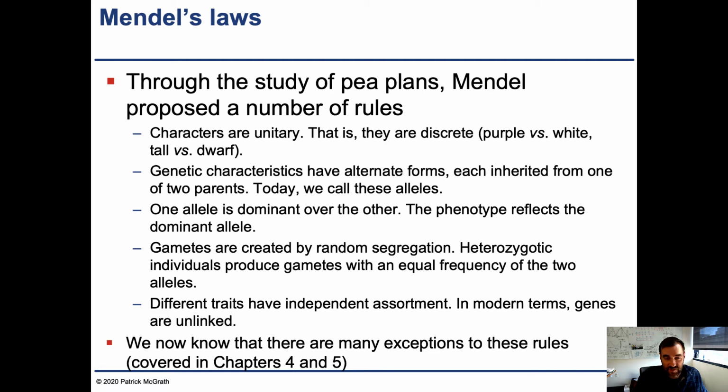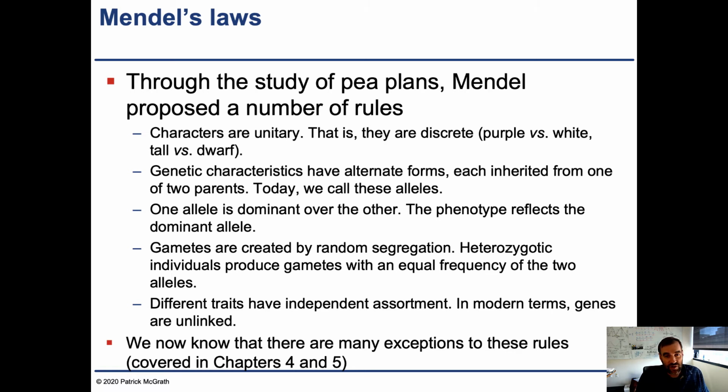and he made many observations through the study of pea plants, and as a result he proposed a number of rules. These are rules for the pea plants that he studied. We are going to extend some of these rules in future chapters, but for now we're talking about the plants that he studied.